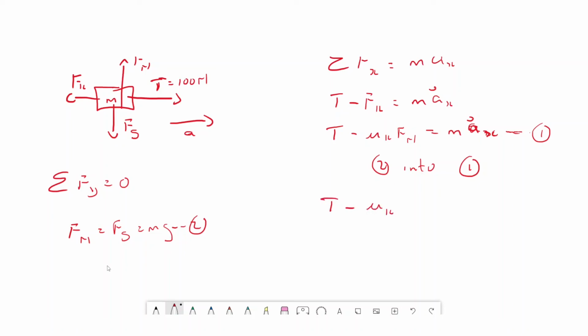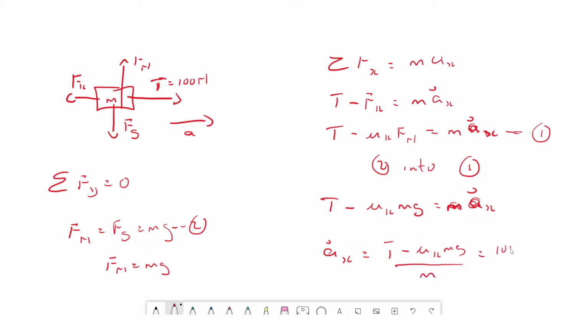So T minus mu k, and where I see Fn, remember I'm saying Fn is going to be mg. So I'm going to put mg here, and then this is m, sorry, ax. Now I can solve for ax. The vector ax is just going to be T minus mu k mg, over m.